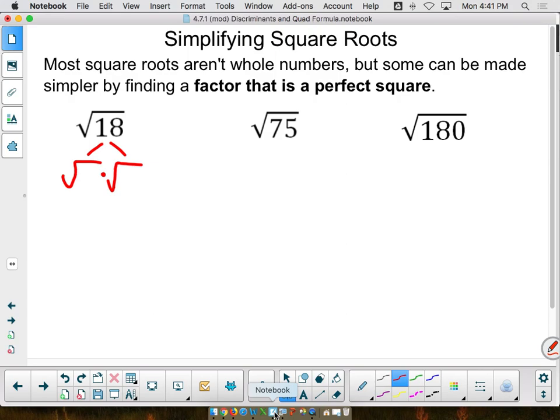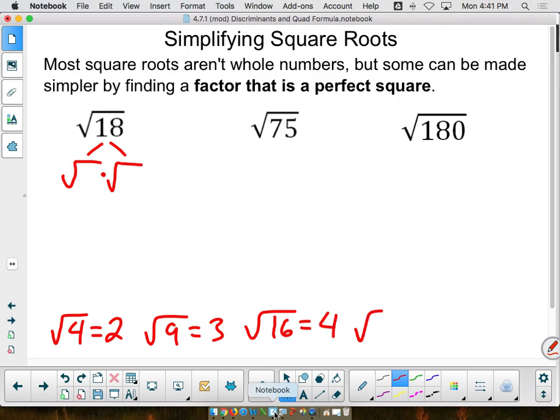So if you think of the values that we know the square root of, we know the square root of 4 is 2, the square root of 9 is 3, square root of 16 is 4, square root of 25 is 5, and so on. So the question is, do 4 or 9 or 16 or 25, do any of those go into 18? And it does. You shouldn't have to look too long to know that 9 goes into 18 two times.